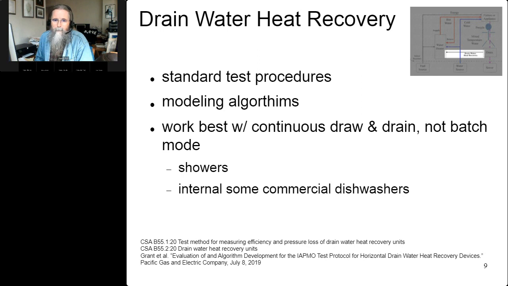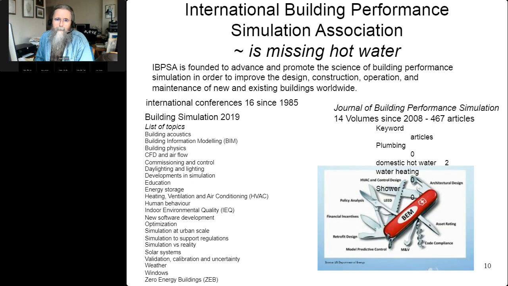And there is an International Building Performance Simulation Association. They do a lot of work on building simulation. They've been around since, I think their first conference was in the 80s. They have international conferences every couple of years.